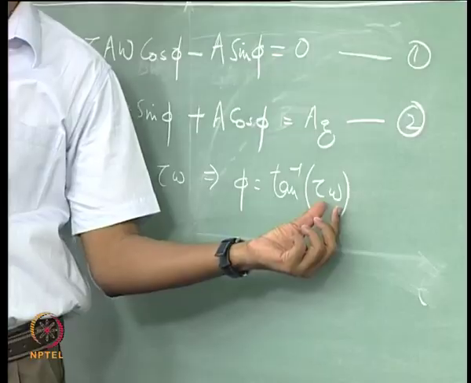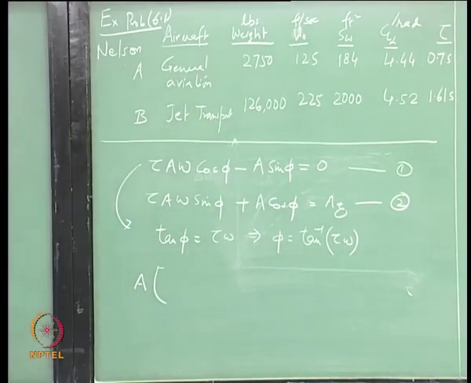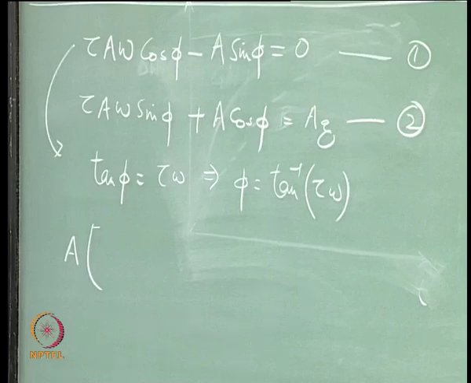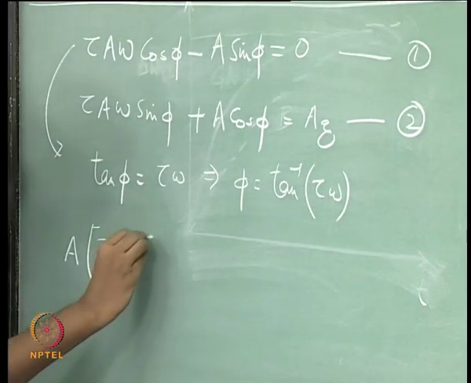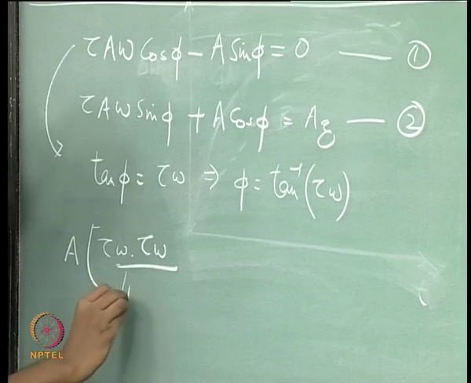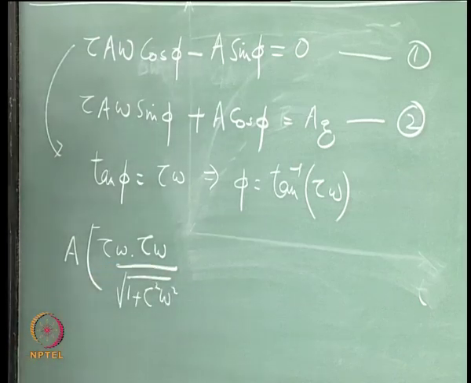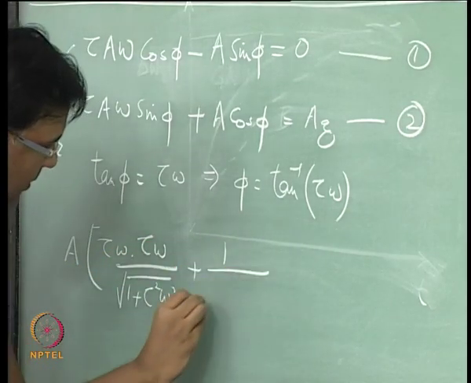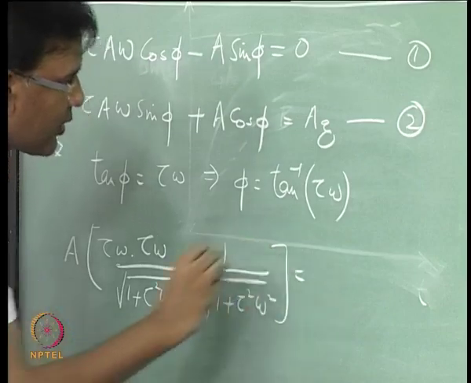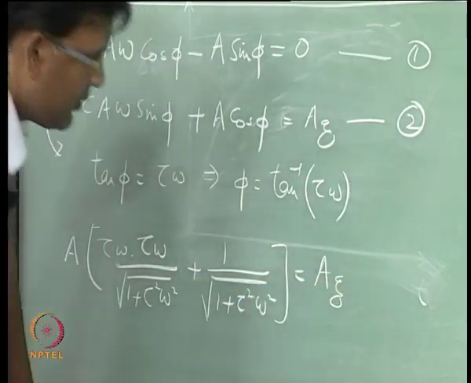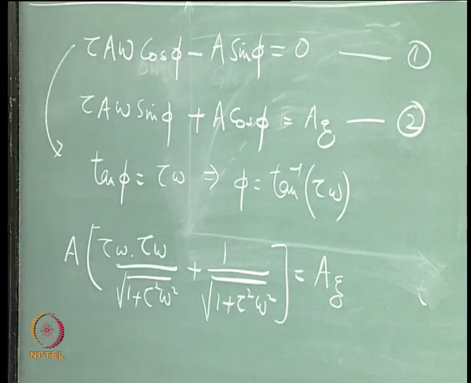The time constant and omega, the frequency of the gust profile, these are the known parameters, and I want to look at the response in terms of those parameters. So, what is A?